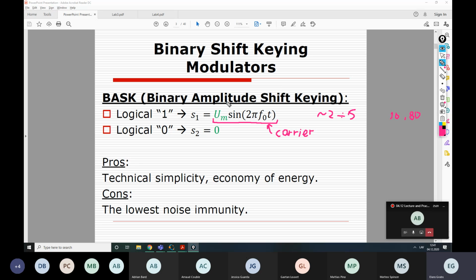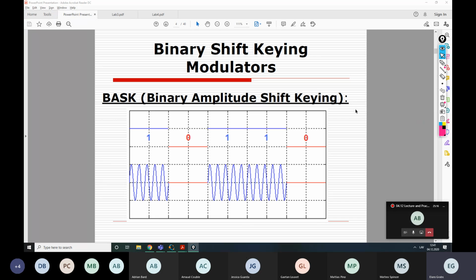So that is the signal for logical 1, and for logical 0, there will be a constant 0 voltage level. So that is the idea of how a binary amplitude shift keying signal should look. So let's see the picture, which you have undoubtedly seen multiple times, but now I'm reminding you of this picture, that indeed for a logical signal 1, we have some harmonic signal, which is in our case a sine function.